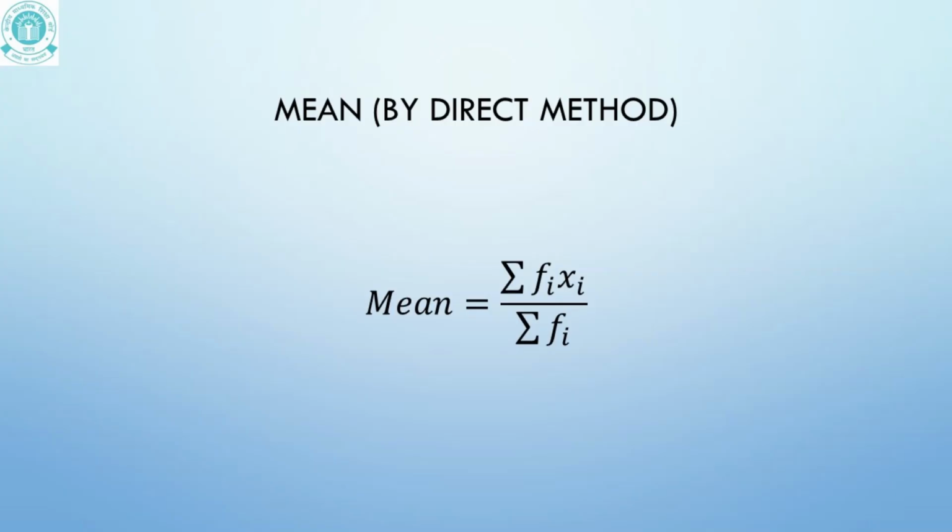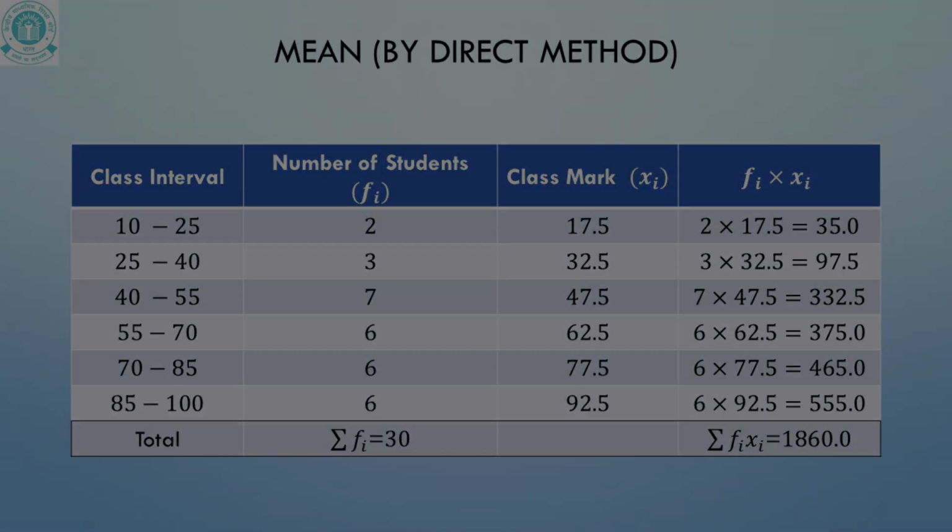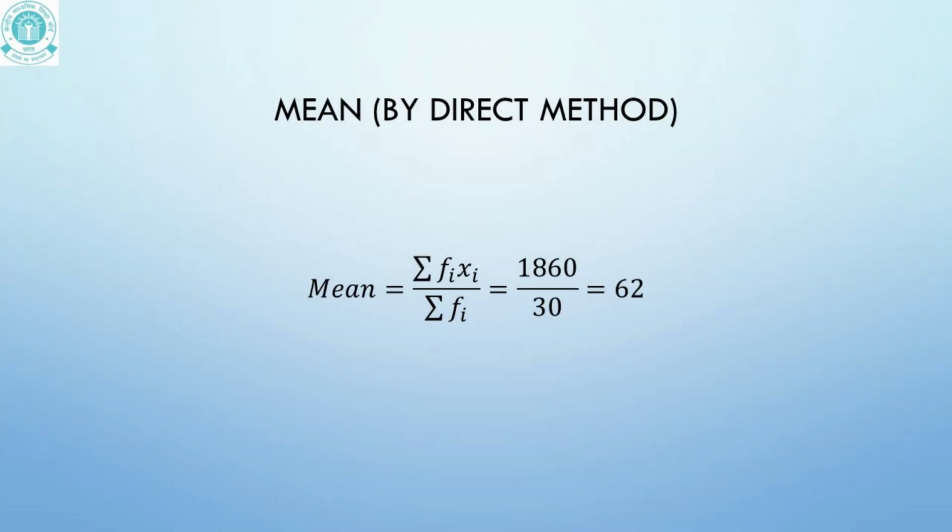In this case, we find the sum of all the frequencies and sum of the fi xi column. So now mean is equal to summation fi xi divided by summation fi, which equals 1860 divided by 30, and we get the value of mean as 62.